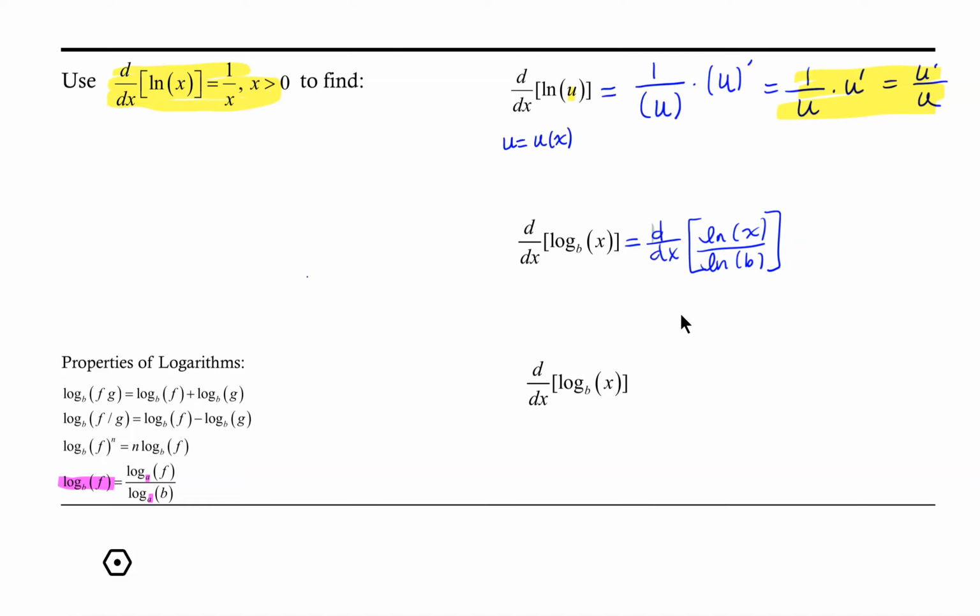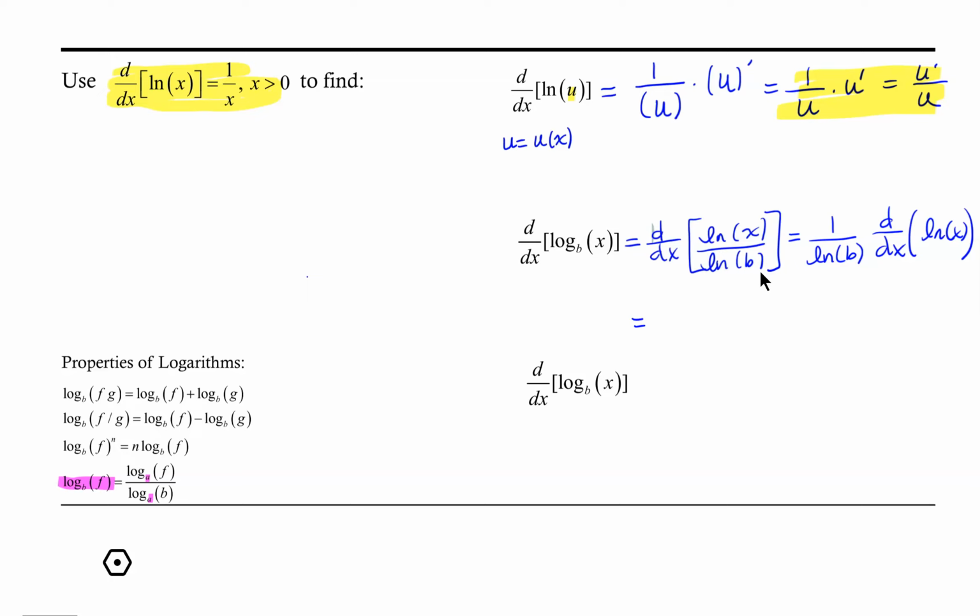And now this natural log of b is a constant, so we can use the constant multiple rule and rewrite this as 1 over the natural log of b times the derivative of the natural log of x. And now we do know what the derivative of the natural log of x is.